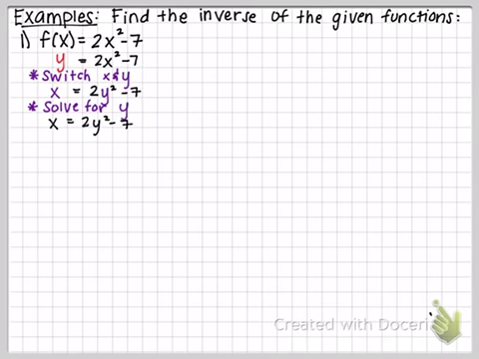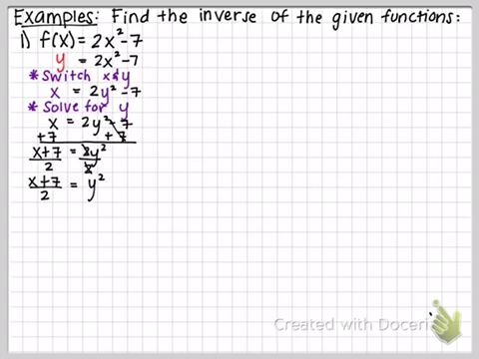So if I'm solving for y, the first thing I'm going to do is add 7 to both sides. That cancels out on the right side, and we have x plus 7 equals 2y squared. Now I need to get the y squared alone. And so to do that, I'm going to divide each side by 2 first. That cancels out. I'm left with x plus 7 over 2 equals y squared.